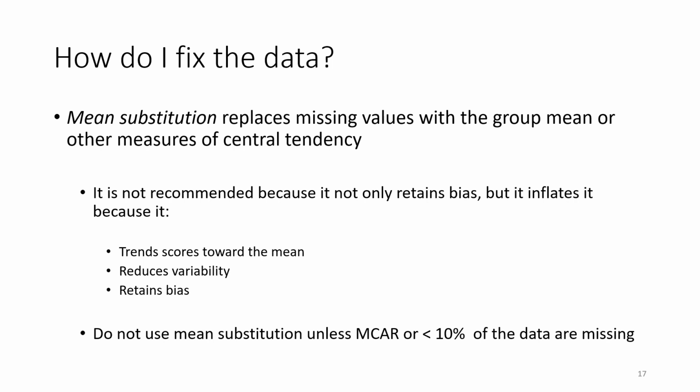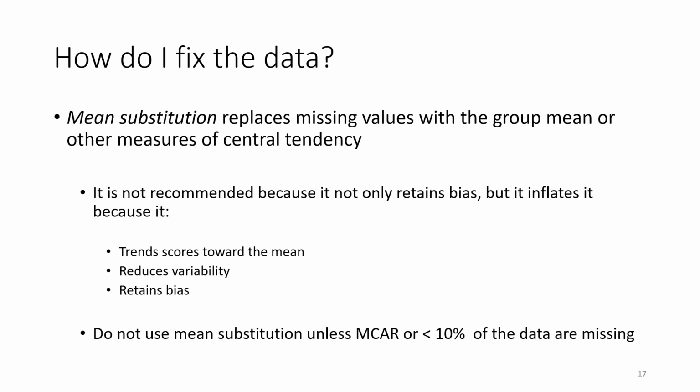And we've got fewer scores that vary from the mean. So we'd reduce our estimate of variance and the standard deviation. And that is really not a good thing to do. Also, we retain all of the bias that's there, so we're not in any way fixing any bias in missingness.